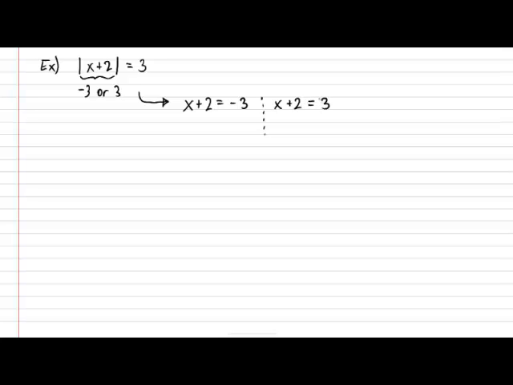And now you solve each one. So on the left expression, we have that x could equal to -5. And on the right one, we have that x could equal to 1. So therefore, our solution is -5 and 1.